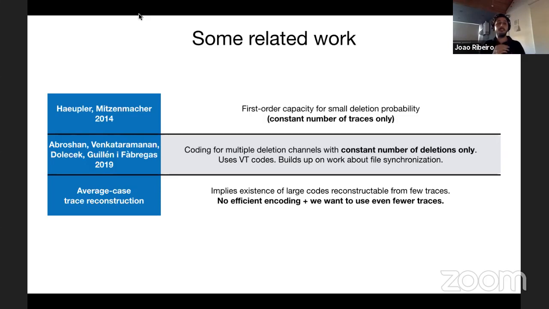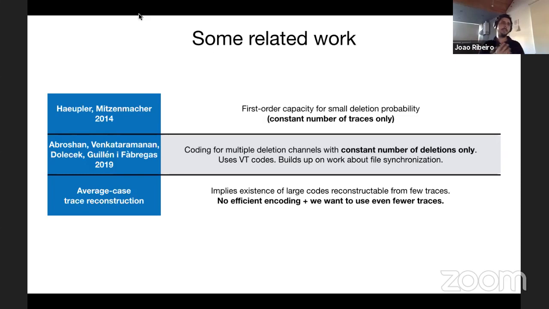Another work, very recent, that was presented at ISIT this year, studied coding for multiple deletion channels, but only with a constant number of deletions. In our case, we have a constant rate of deletions, and they are IID. They have a different approach from the works that we will see now, because they use Varshamov-Tenengolts codes, and they basically use ideas from file synchronization.